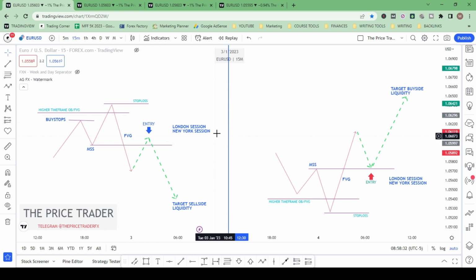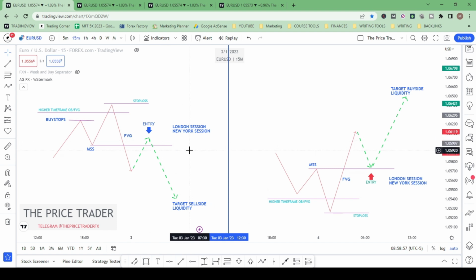Now look at this. This is the most important aspect of this strategy. Even though you're scalping, you want to be doing high probability scalping, so the time factor is going to add to the probability of that trade setup. London session or New York session, that is when you want to be hunting for this entry and for this pattern.